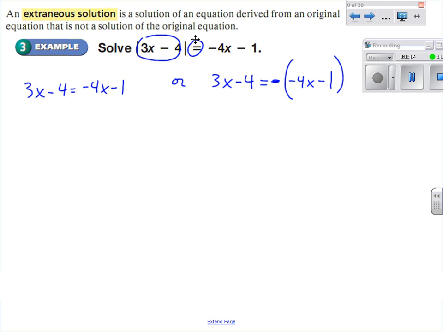All right, so now I'm ready to just solve these two equations. Let's go ahead and do this math here. We get 7x equals, add the 4 on both sides, and I get 3, and I get 3/7.